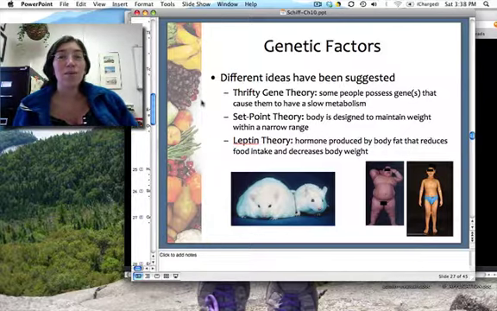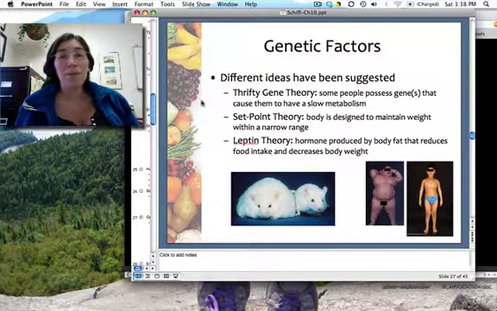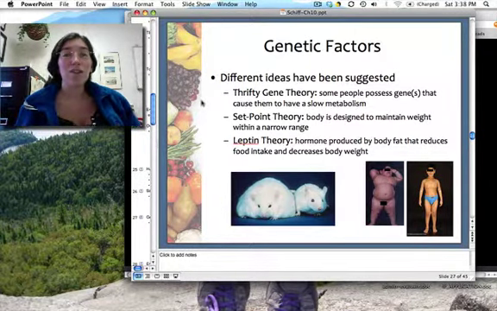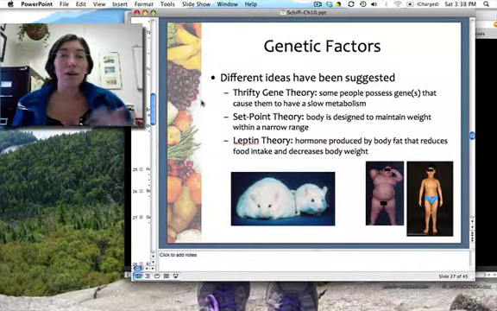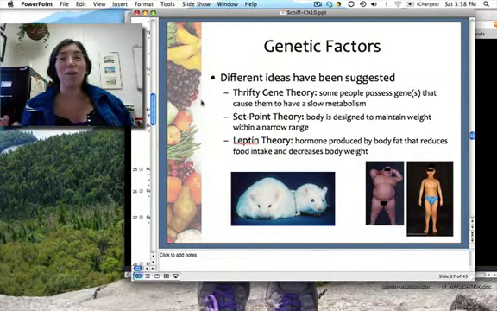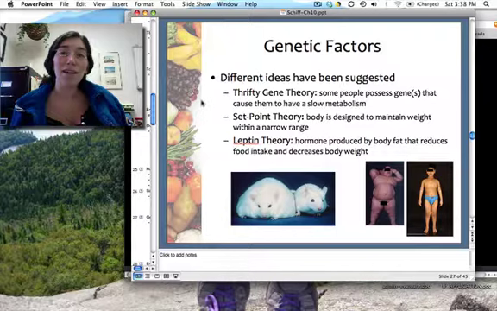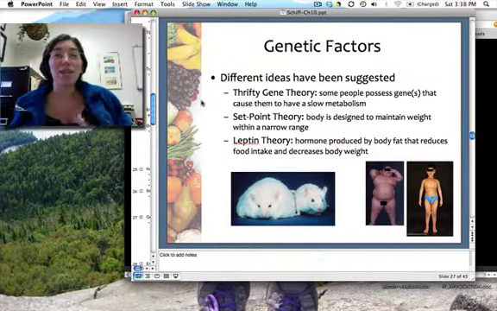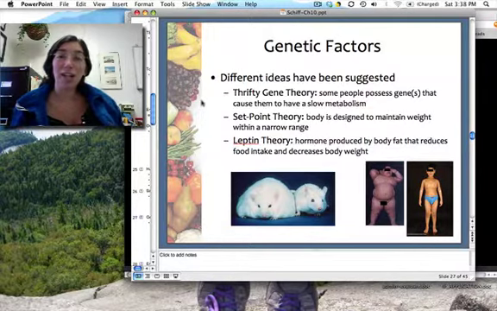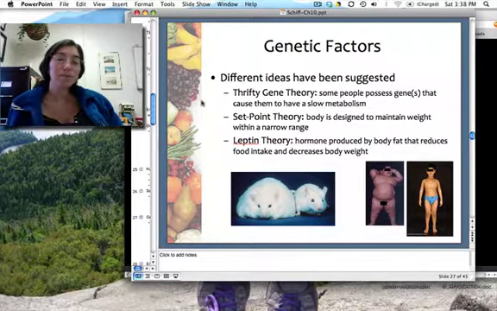And so it was thought that some people were lucky enough to be born with a very thrifty metabolism, where during times of abundance, they would eat food and their body would store a lot of it away. And be thrifty with it, just like someone who makes money and puts some in savings for a rainy day.